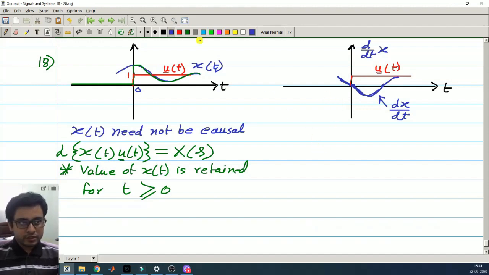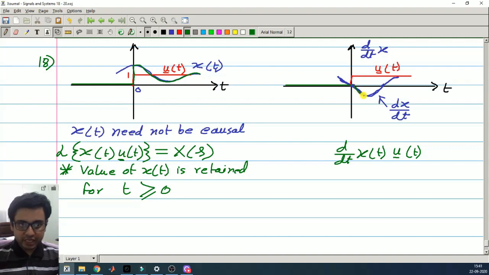Now this product, dx/dt multiplied with u(t), will be something like this. It is 0 here, and starting from this point it will be the same as dx/dt.